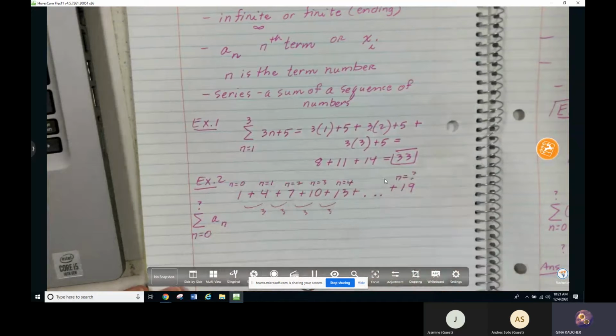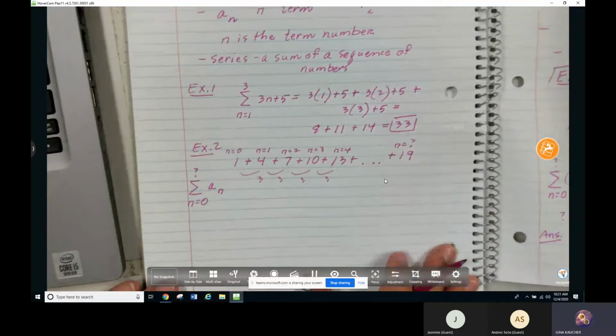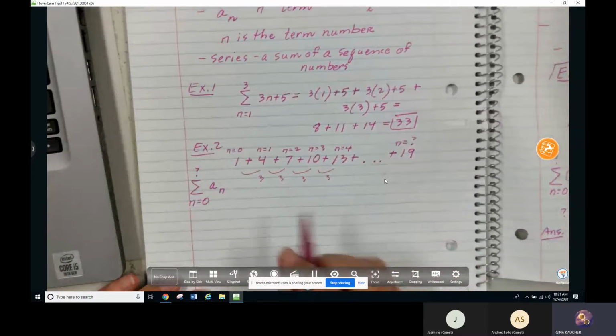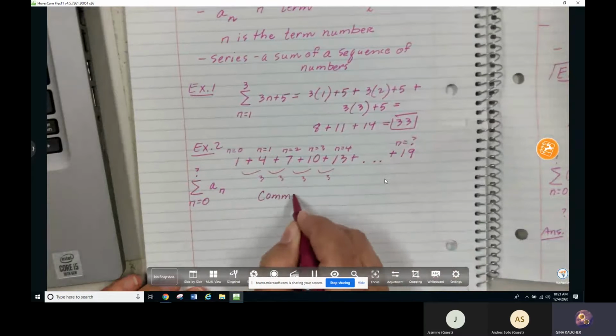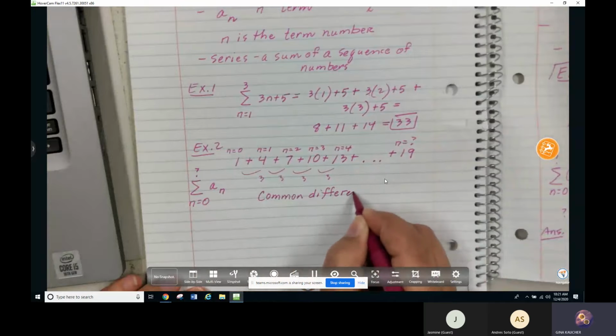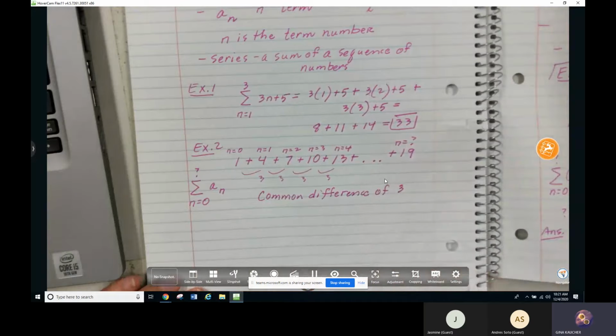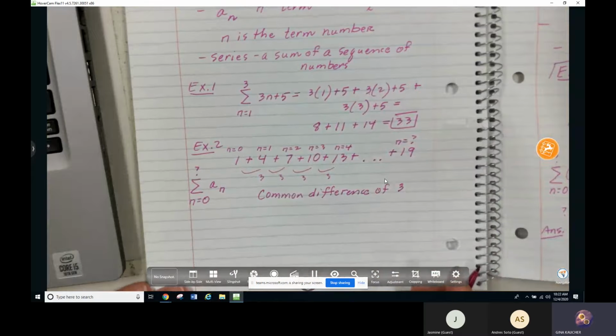N is question, and that goes here when we figure it out. So you have a common difference each time of 3. If you graph a sequence like this, its points would make a straight line.